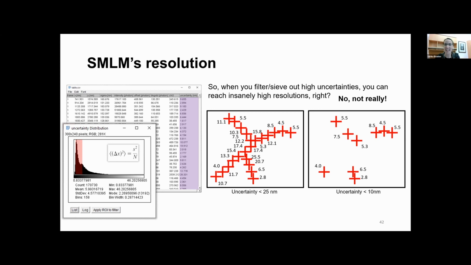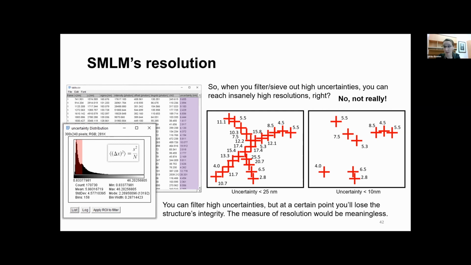Meaning we can claim that we have the resolution, but it does not really make any sense, because you don't see the structure. So one needs to be a little bit modest in what one does. You can only filter so much before you also lose the information in the image itself. So I hope that all makes sense right now.